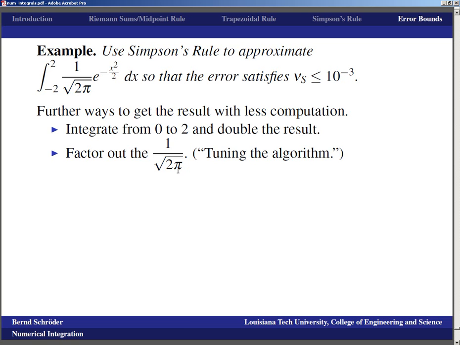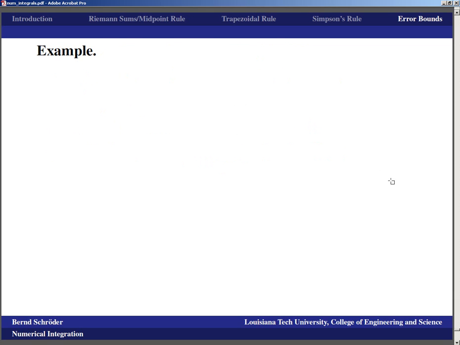Sorry, I'm as tired as you are right now, because the 1 over root 2 pi can be factored out of all those evaluations of the function, but that would only work for this function in particular, right? But if you have a sufficiently important hard numerical task, you would even go to that point. Okay, and that is it, and there isn't anything more.